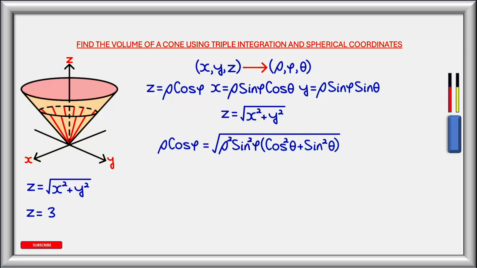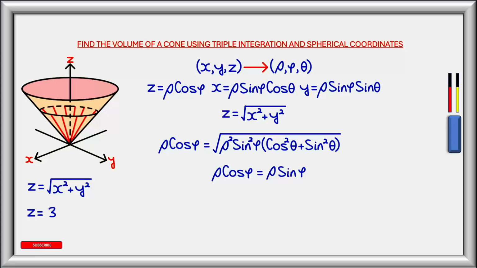And so beginning with the equation of the cone where z is equal to the square root of x squared plus y squared, after making the substitution we have rho cos phi is equal to the square root of rho squared sin squared phi into the bracket of cos squared theta plus sin squared theta.